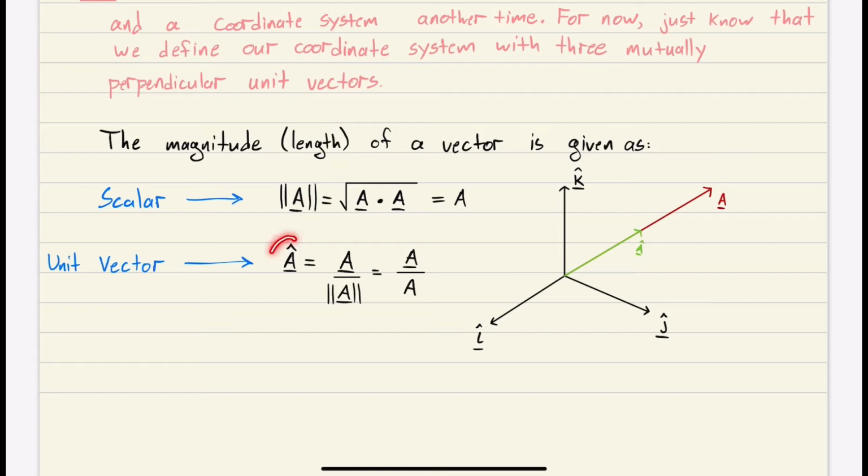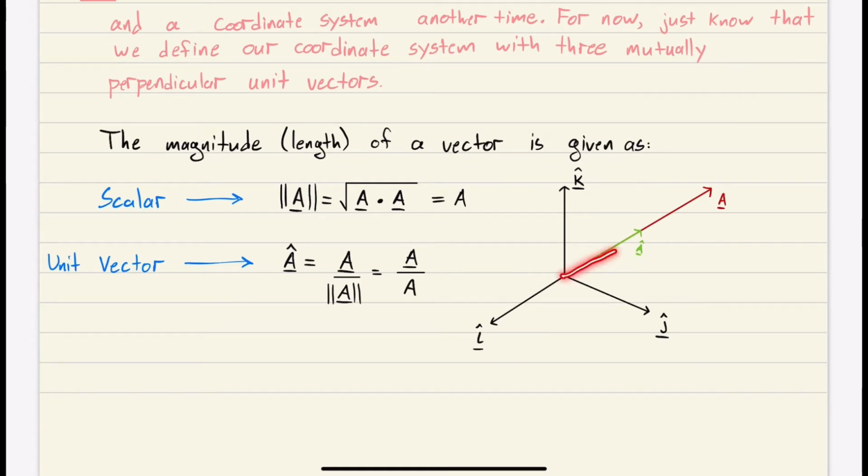You can construct a unit vector by taking the vector and dividing it by the magnitude of itself, right? And I kind of think of that as eliminating the length component of the vector, and you're only keeping the directionality component, right?